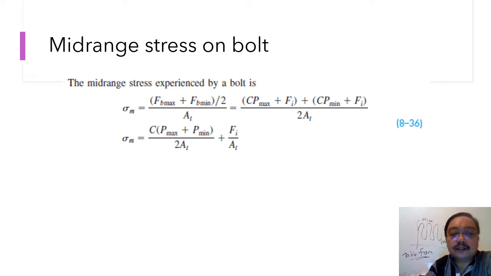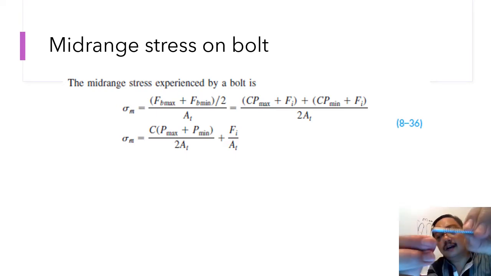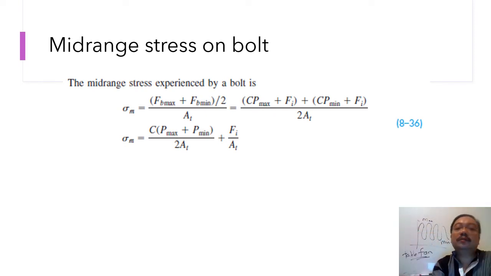And then the mid-range stress experienced by a bolt, because the bolt itself is the shaft. If you remember the video on the shaft when I described this topic, it is the same. The bolt also has a mid-range. This is the alternating stress coming like that. This is the mid-range stress at the middle of the bolt. So this is the mid-range stress experienced by a bolt.